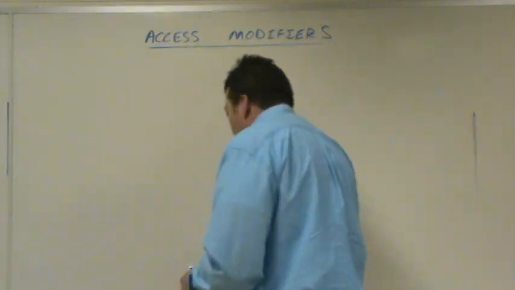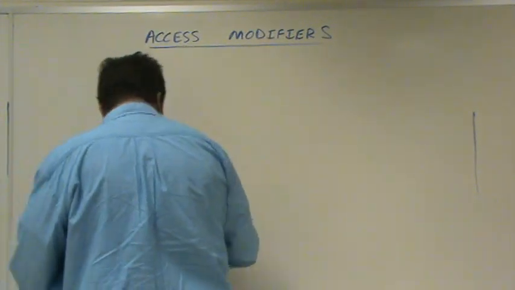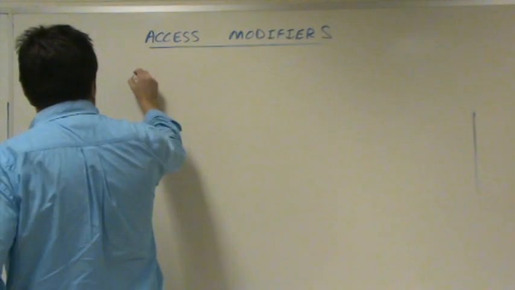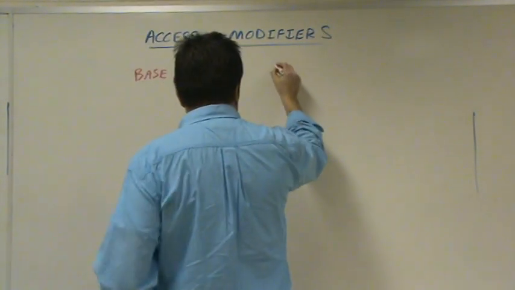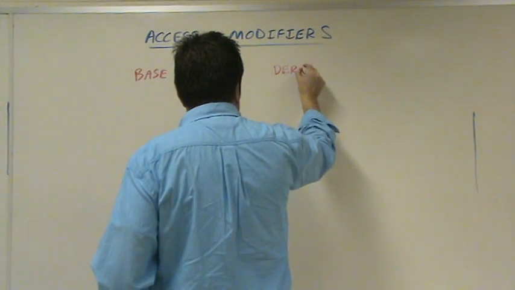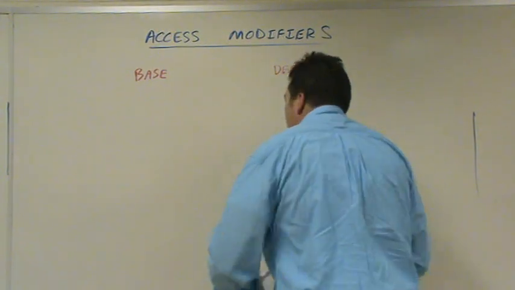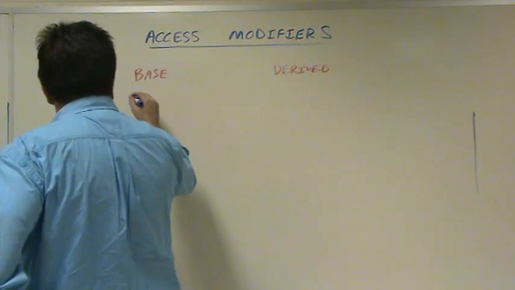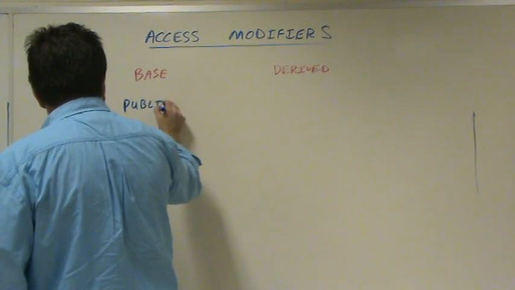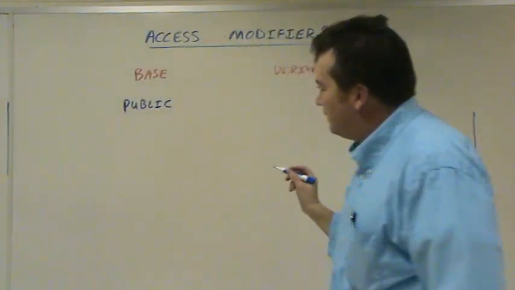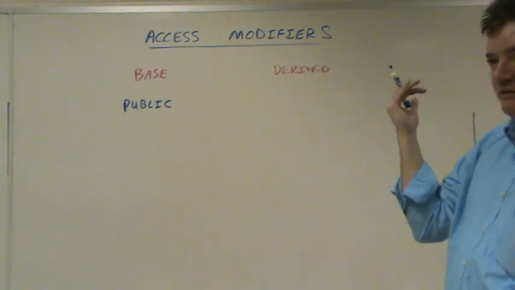Okay, so when you inherit from a base class, if we have a base class and a derived class, and you inherit something from the public section, the stuff that is from the public section in the base class goes to where in the derived class?